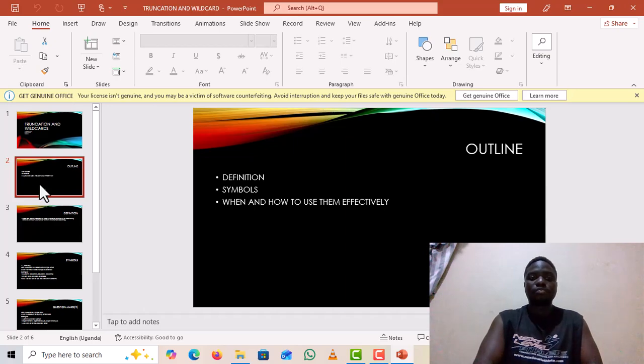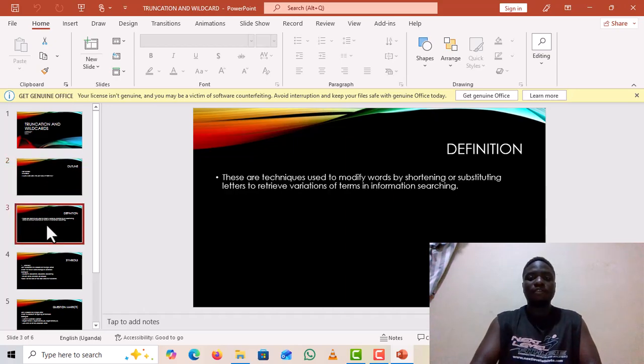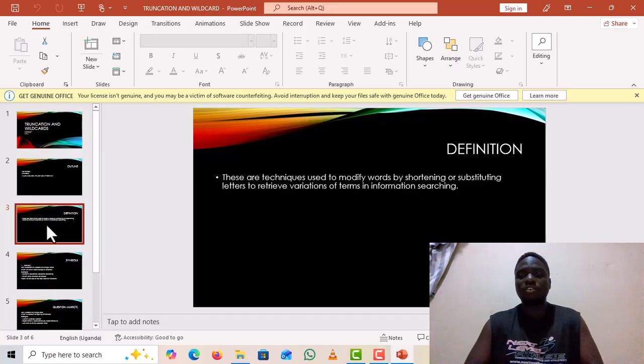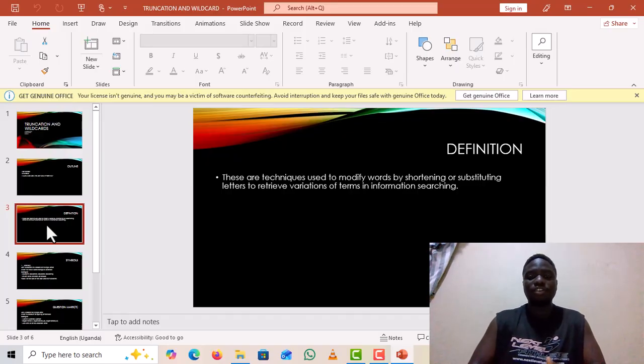So we shall begin with our definition, which says that truncation and wildcards are techniques used to modify words by shortening or substituting letters to retrieve variations of terms in information searching. So that is our definition for truncation and wildcards.